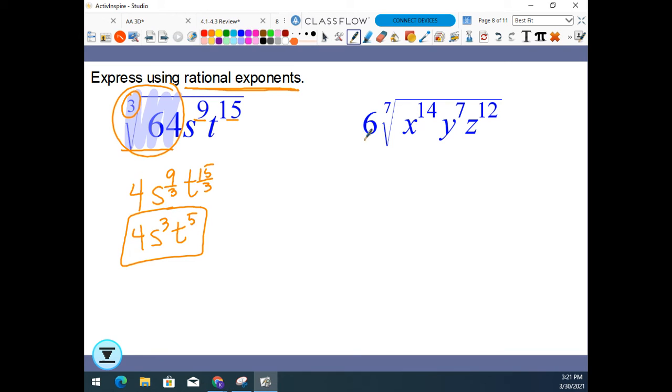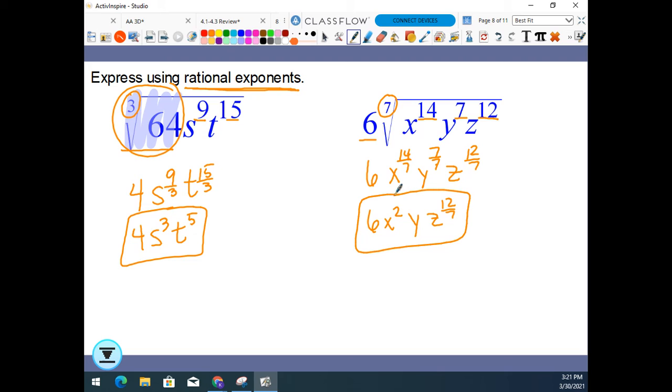All right, and the second one, the 6 just is on the outside, so I'm just going to bring it down. I'm going to move the root to the denominator of each of the exponents. And then simplify each exponent. 14 divided by 7 is 2. 7 divided by 7 is 1, but I don't need to write an exponent of 1. And 12 does not get divided evenly by 7, so I will just leave it as my final answer.